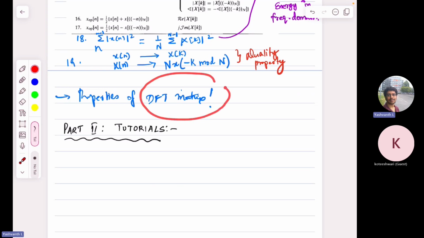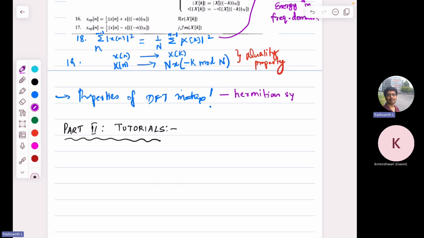The DFT matrix enjoys special properties: it is Hermitian, symmetric, and it also satisfies H times H Hermitian equals identity. So these are some properties of the discrete Fourier transform matrices. Okay, that was the summarization about DFT.